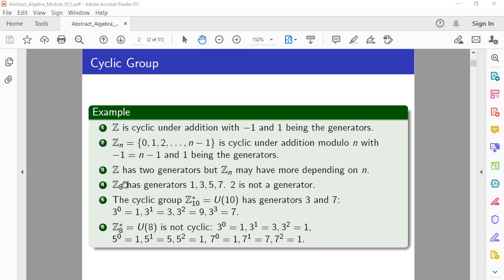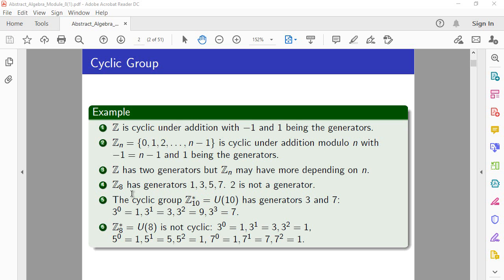Unlike Z, though, Zn may have more than 2 generators, depending on what n is. So, for example, if we look at Z8, Z8 has 4 generators. So Z8 has generators 1, 3, 5, and 7.